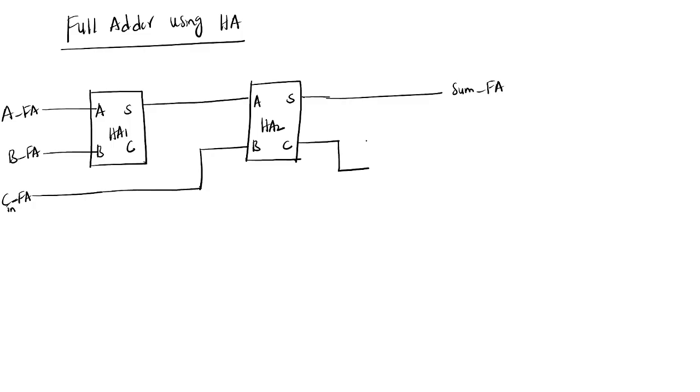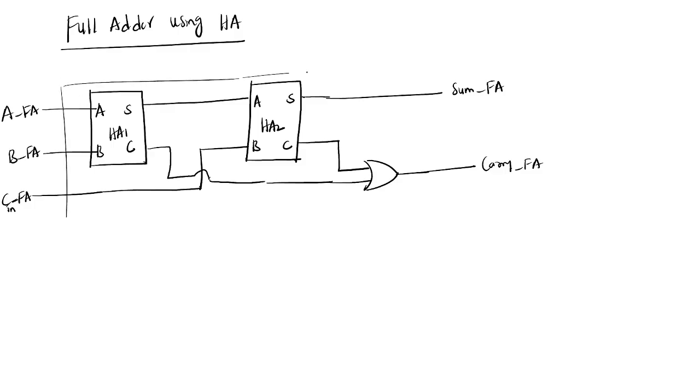Next, this C I am taking out and giving as an input to the OR gate, and here I am getting carry underscore FA. So in total this one is my full adder. Yes, sir.